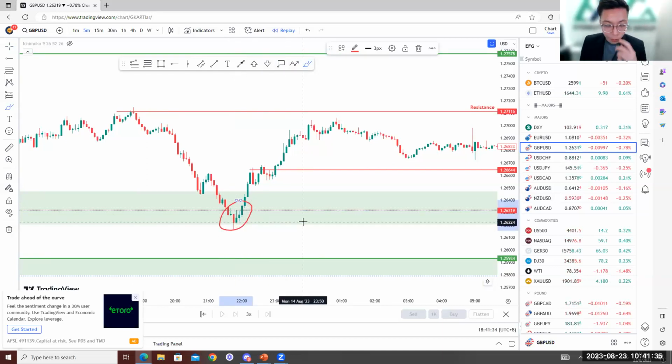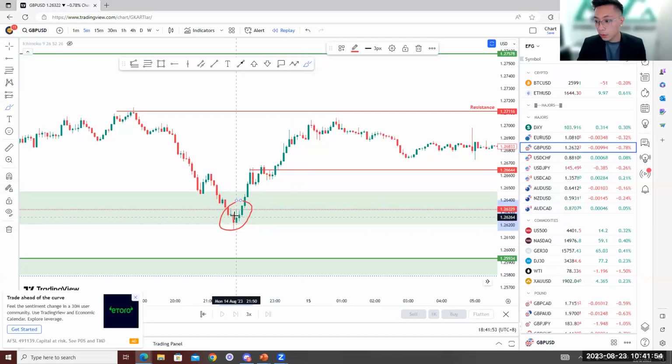What do we have here? Just now we went through together, right? Okay, we have the 3 white soldiers right here. Okay, so we have 3 consecutive bullish candles.